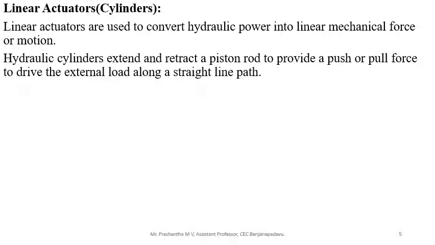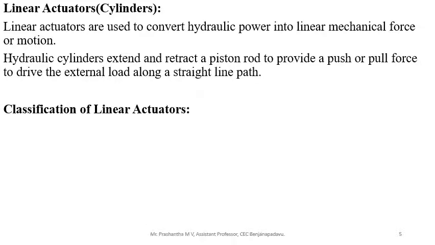Hydraulic cylinders extend and retract a piston rod to provide a push or pull force to drive the external load along a straight line path. Linear means a straight line path, whether horizontal, vertical or inclined. There are two new terms, extend and retract of the piston. You will come to know later.